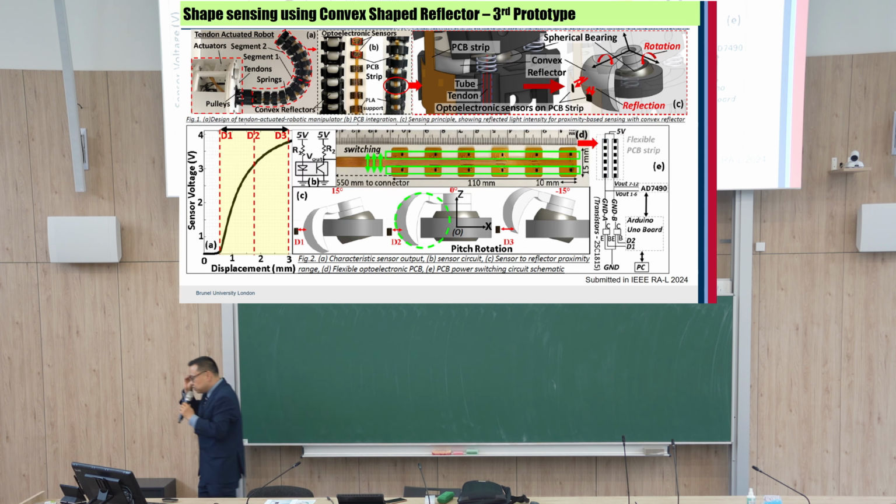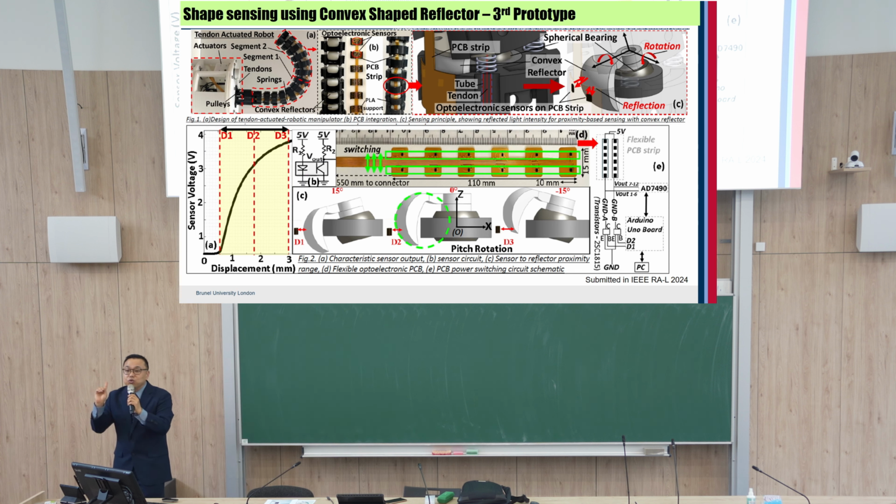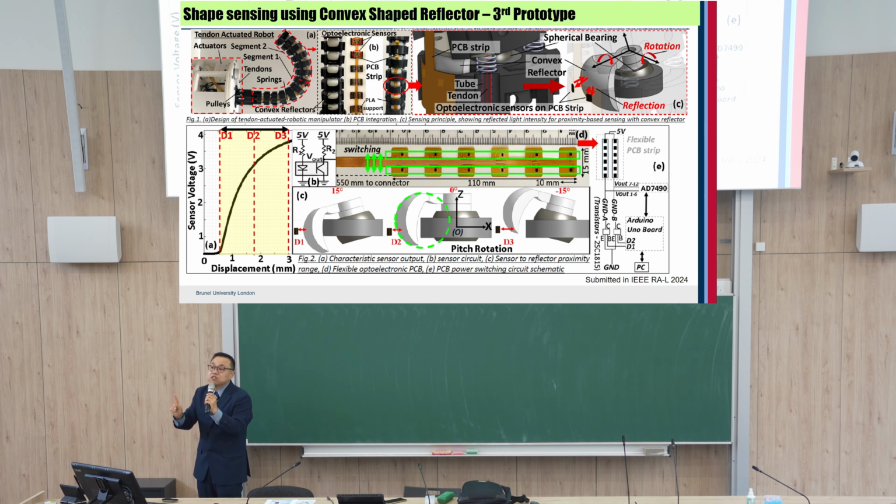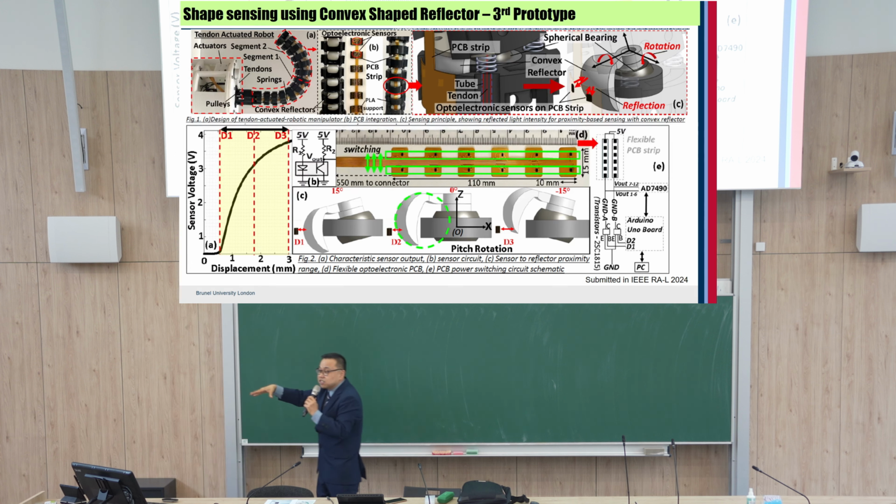Also remember, when you use this optoelectronic sensor, the most important thing is that you need to constrain some joints. In the 4 sensor case, I fixed 5 degrees of freedom and only allowed 1 degree of freedom. If we use 6 optoelectronic sensors, of course we can measure 6 degrees of freedom, but we need to design a mechanical structure which constrains many degrees of freedom.